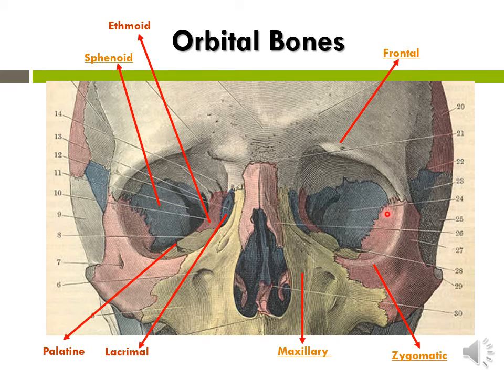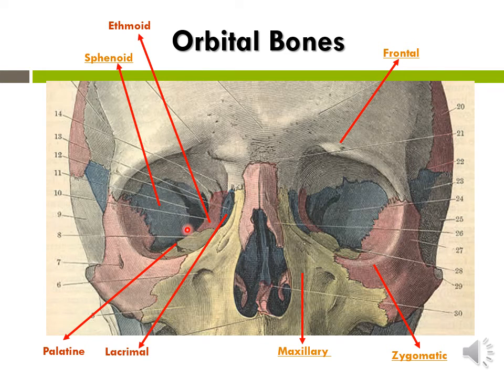So we have completed the 7 bones: the frontal bone, zygomatic, maxillary, ethmoid, lacrimal, sphenoid, and another very small bone edge known as palatine. So these 7 bones make up the whole of the orbit.